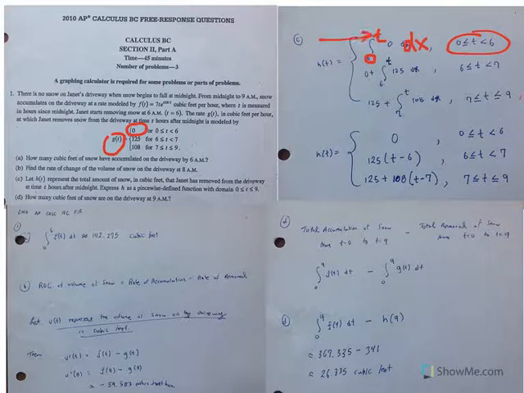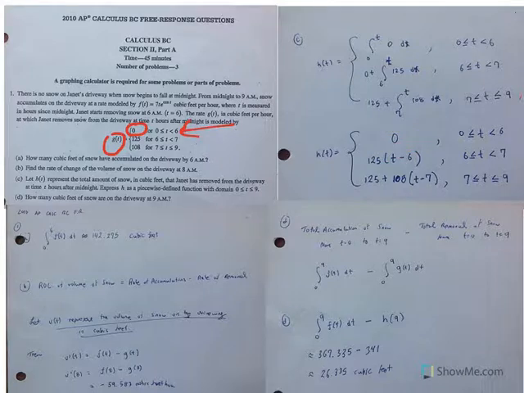You don't want to use t here, so I write dx there. But when you simplify, it's really easy for what's going on between 0 and 6 for time. She's sleeping. She's not doing any removal of snow. So how much snow gets removed from the driveway from 12 to 6? 0. So that's pretty easy.